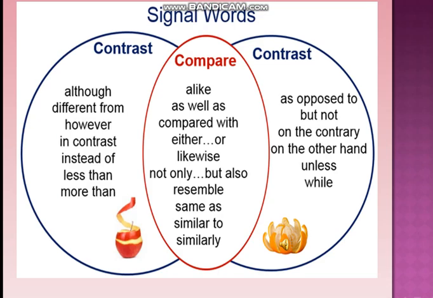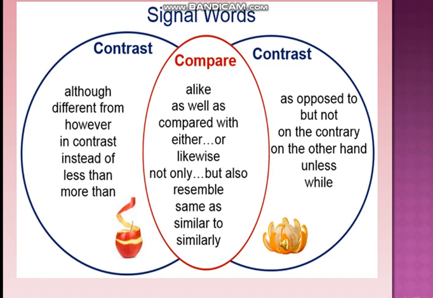Here we have a list of some helping words, some useful words that you can use while you are writing your comparison and contrast essay. For example, in the contrast points or sentences, I can use words such as although, different from, however, in contrast, instead of, and so on.